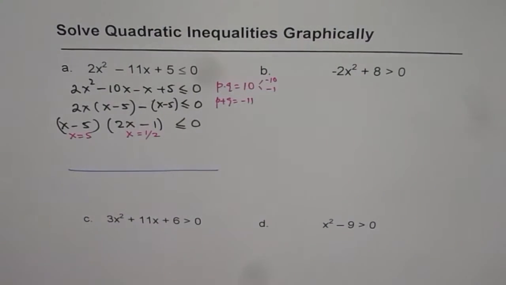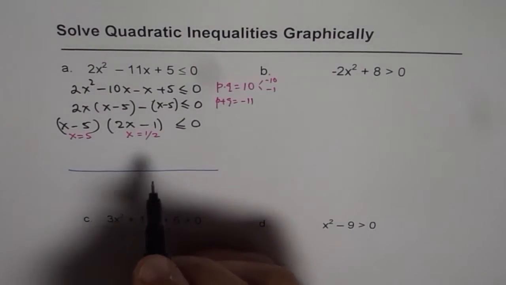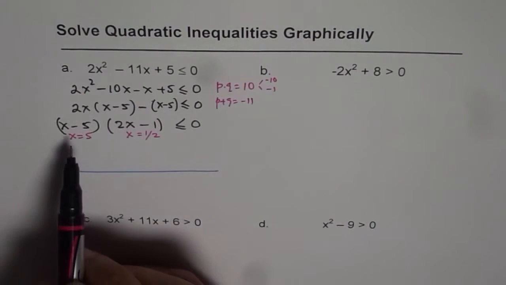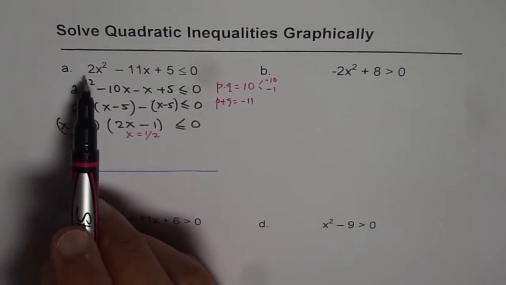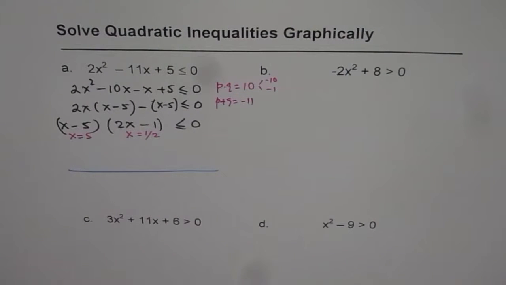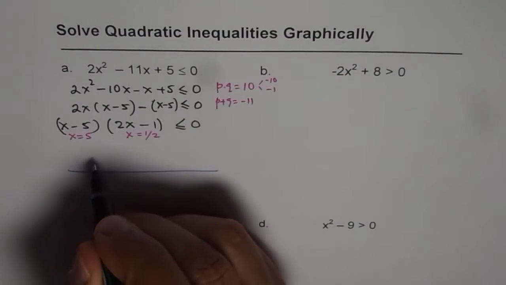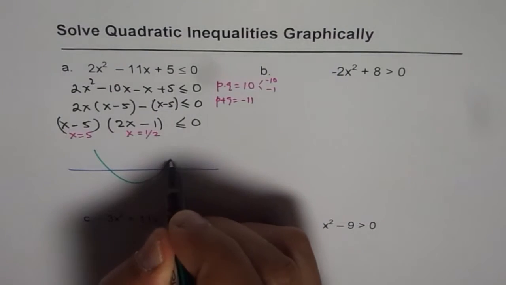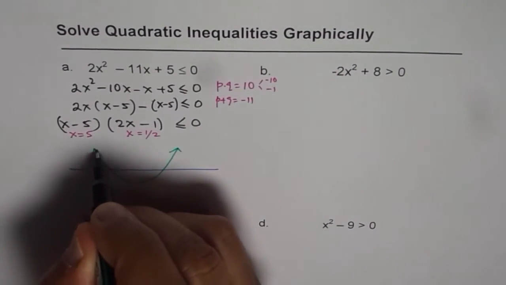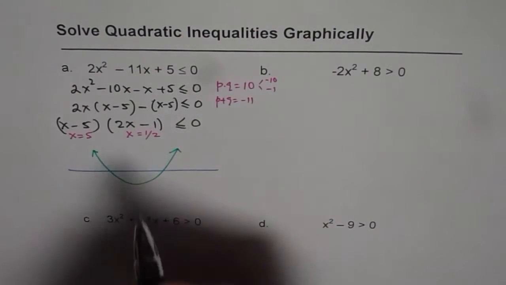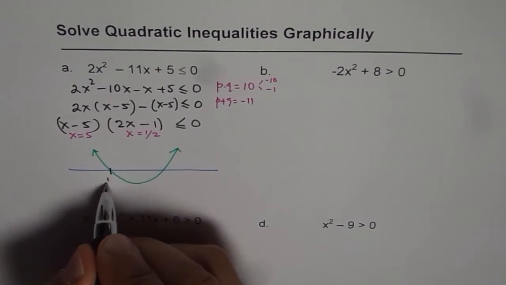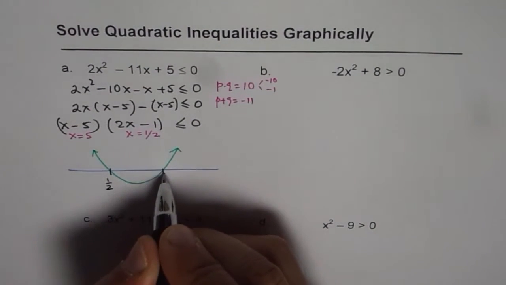So these are the two zeros, both positive values. And the parabola opens upwards since the leading coefficient is positive. So we can just draw a parabola opening upwards with two zeros. So we get this parabola like this. And we know that the two zeros are at half and at 5.